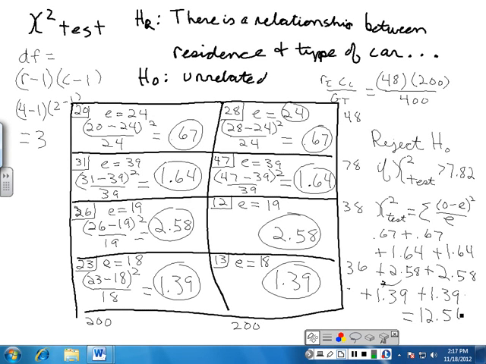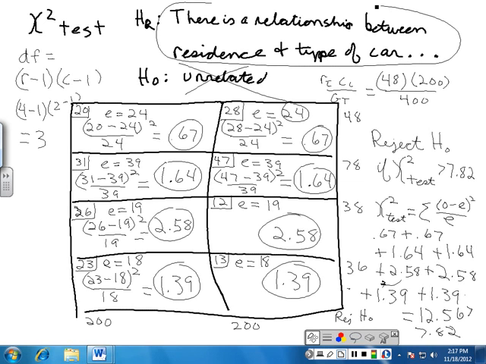which is, of course, greater than 7.82. So we reject H-0 and conclude that there is a relationship between residence and the type of car that they drive.